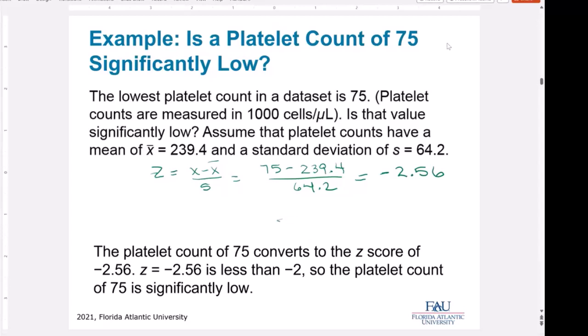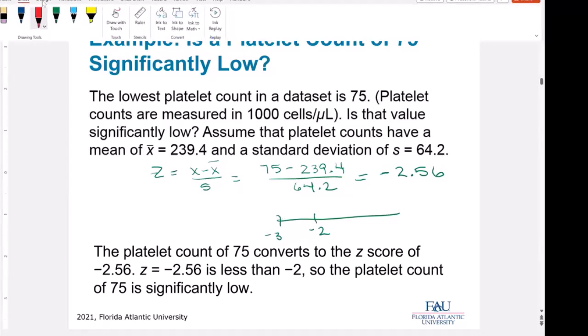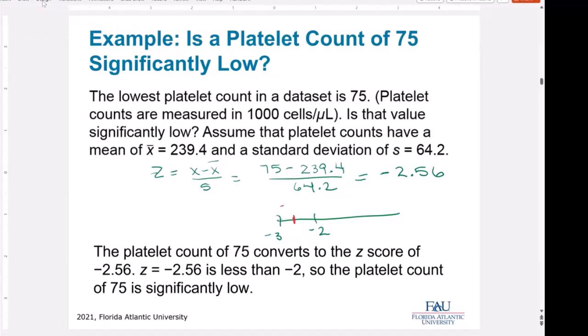Since it's less than -2, here's -3, negative 2.56 is right about here. This is to the left of -2. It is significantly low. And that's really all we're doing in this section.